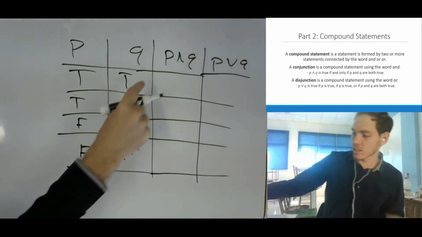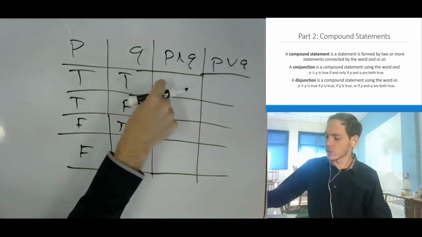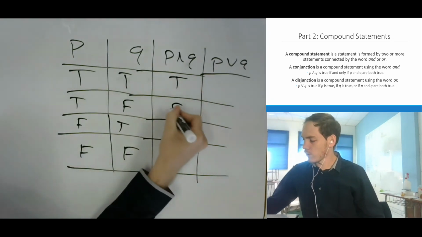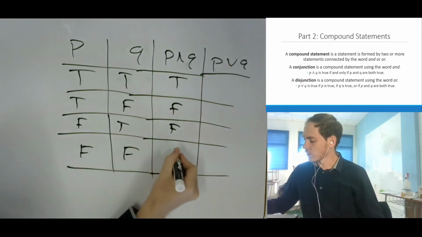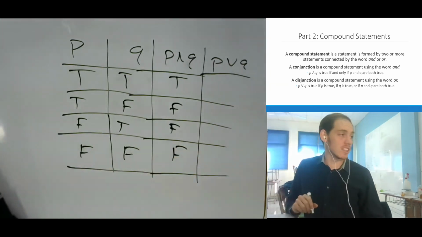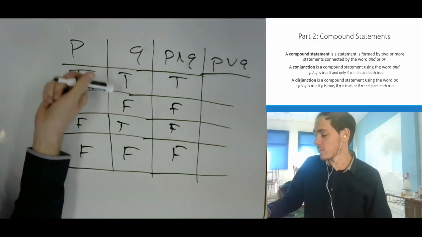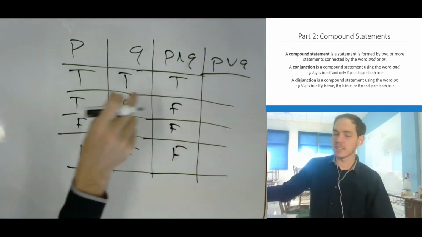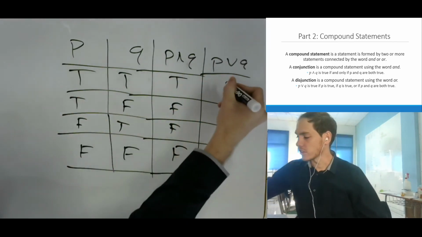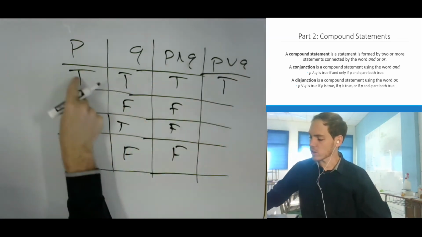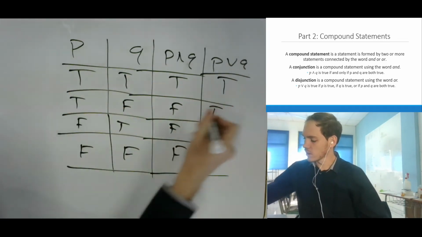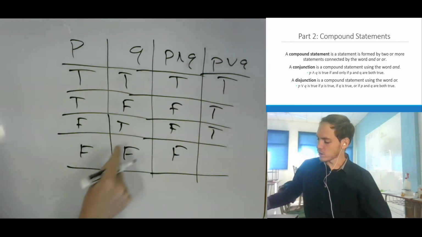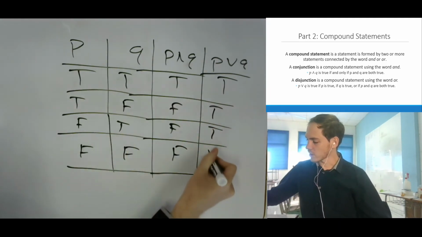Now, and is only true if both are true. So that's true, false, false, false. It's false if either one of them is false. However, the or means if one of them is true, it's true. So it's true in this category because both are true, true in this category because this one is, true in this category because Q is true, and false in this category.